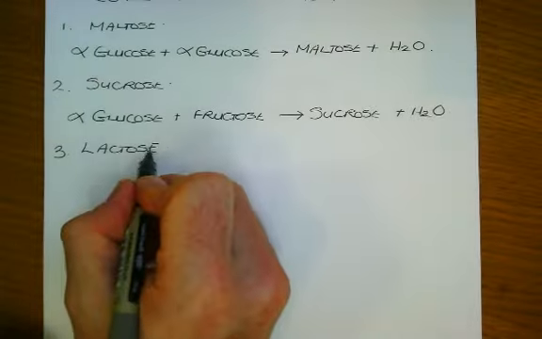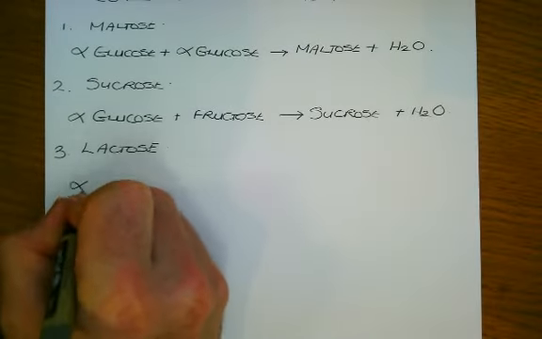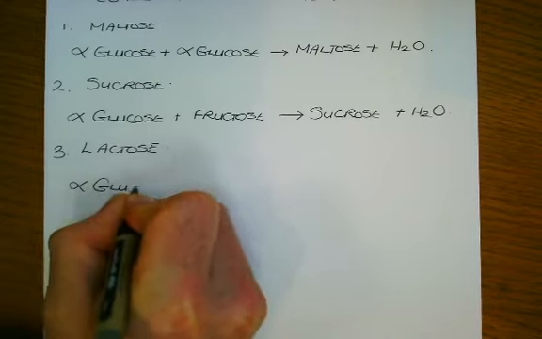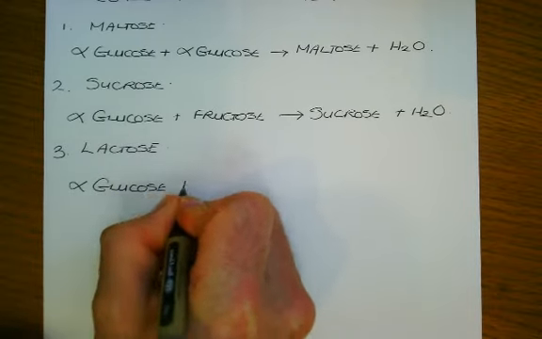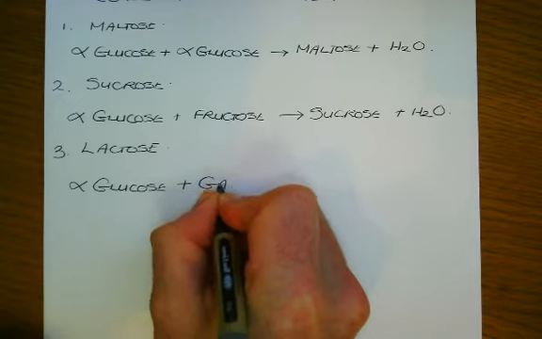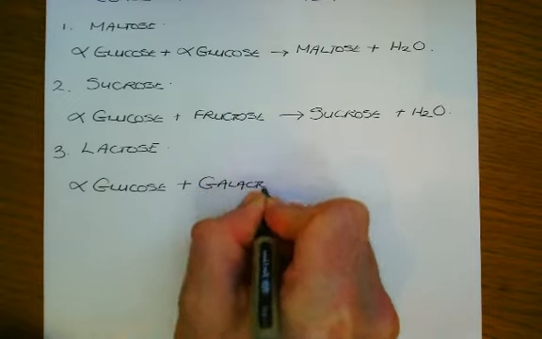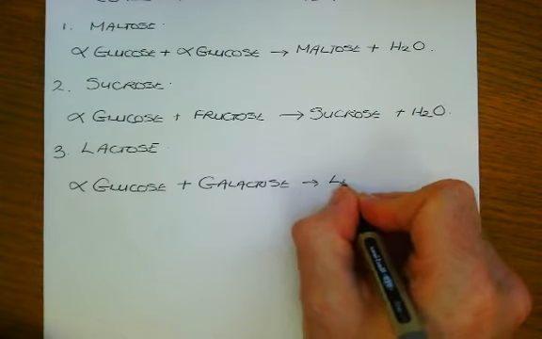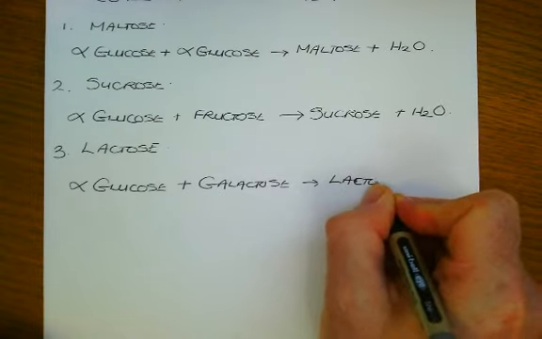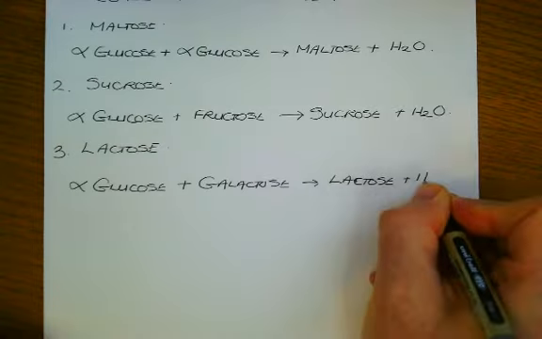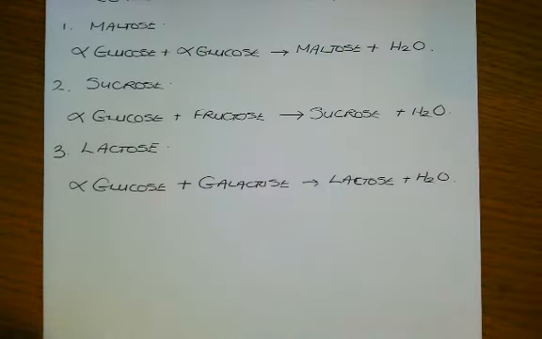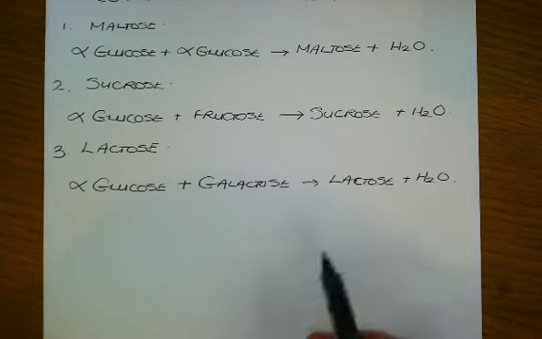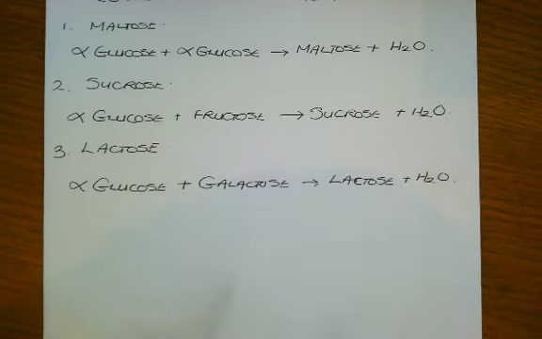The third is lactose, which is a milk sugar. So that's produced in the milk by cells making milk in the mammary glands. And it is composed of an alpha glucose plus a galactose to form lactose plus the water molecule again.